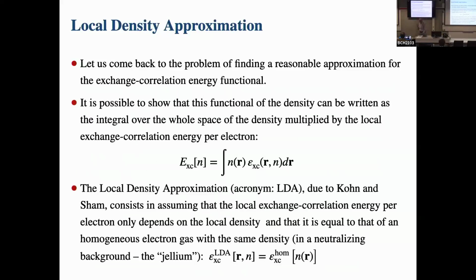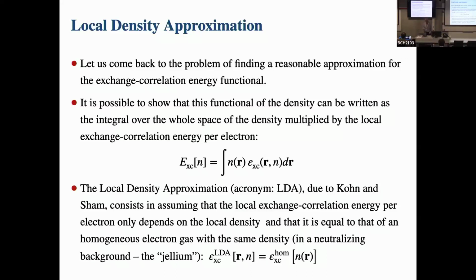So now we still have the problem that we don't know this exchange correlation energy, and I'll come back to it later on. The good point of the paper of Kohn and Sham was that they derived this Kohn-Sham equation, but they also made a very reasonable approximation about this exchange correlation functional.